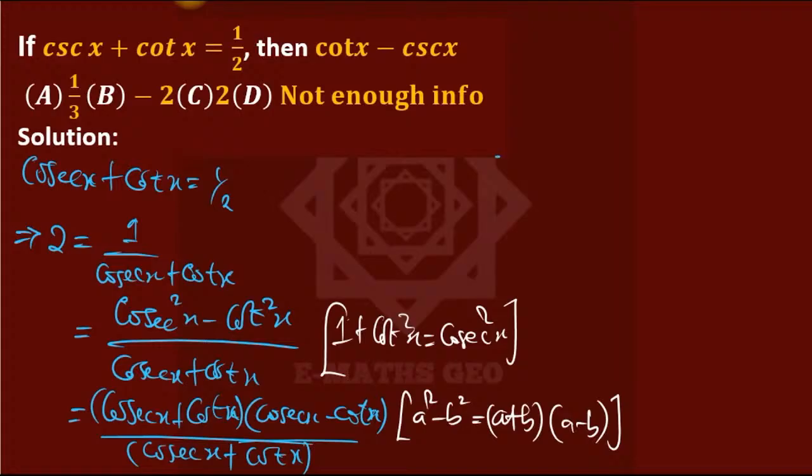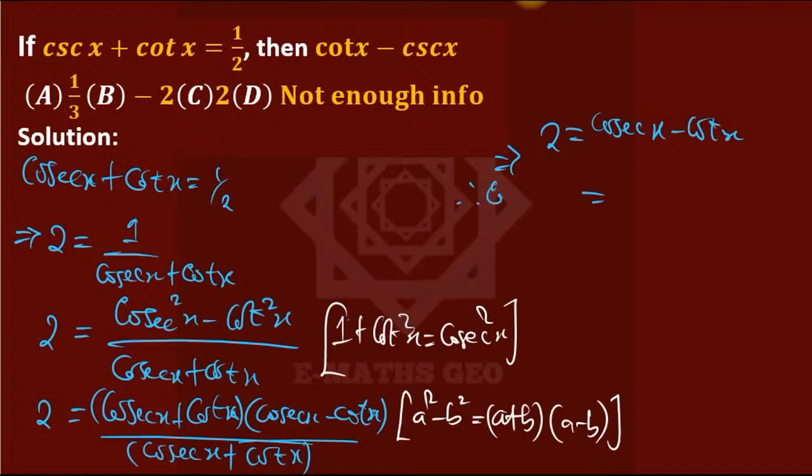Let's finish this together. Remember this is 2. So we now have 2 is equal to, the common term cancels, so we are left with cosec x minus cot x. Well, we're asked to find cot x minus cosec x, so the other way around.